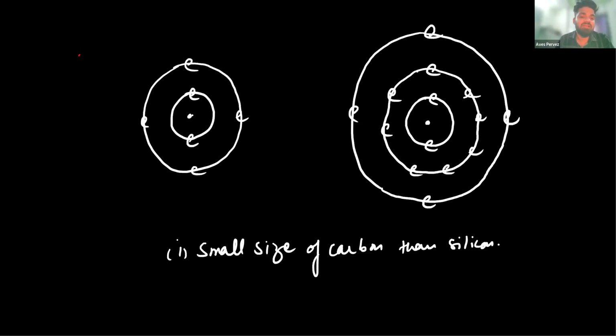So you can see here that this is a nucleus that has 6 positively charged protons. Suppose it is going to make bonds with hydrogen atoms, one hydrogen atom at a time, like this, and here silicon is also going to make bonds with 4 hydrogen atoms.